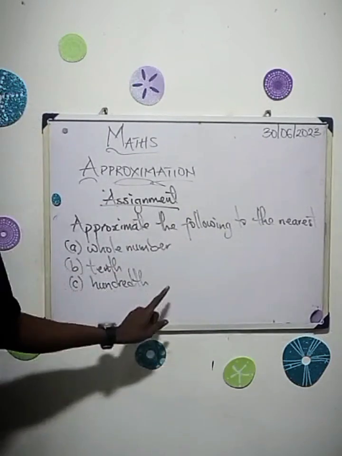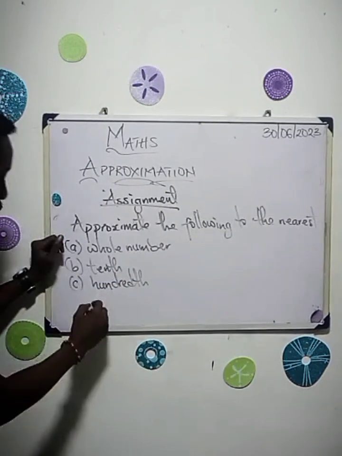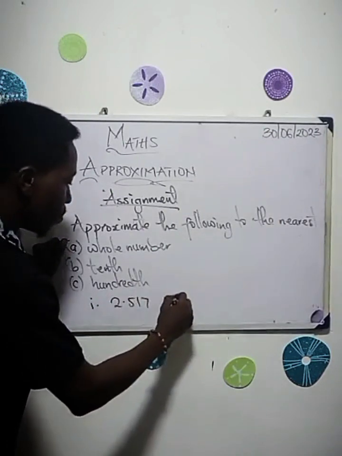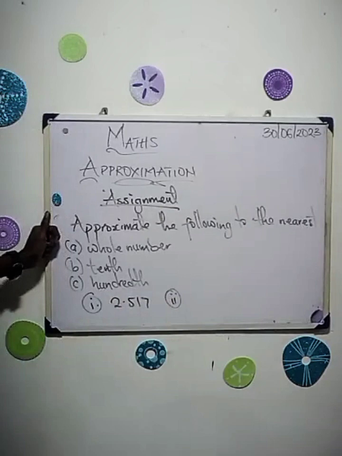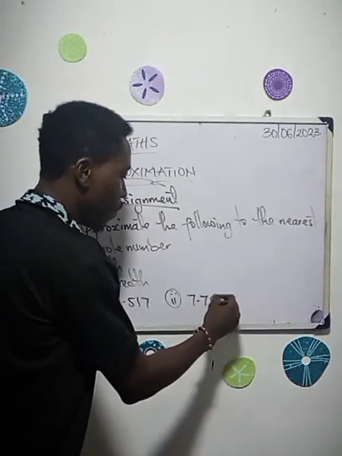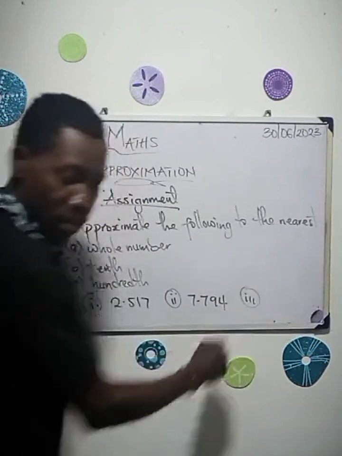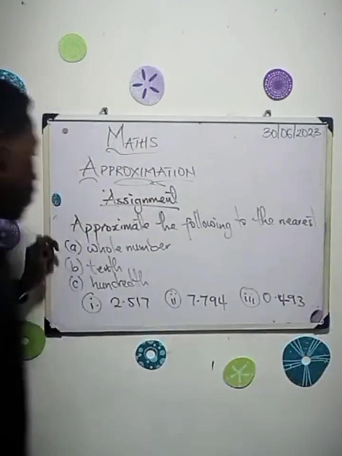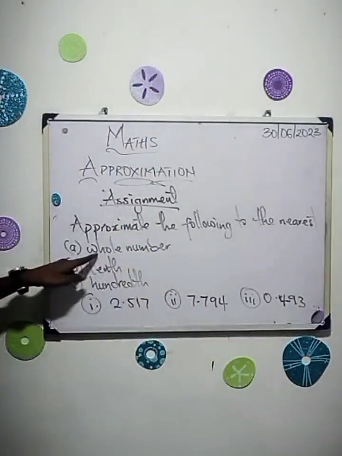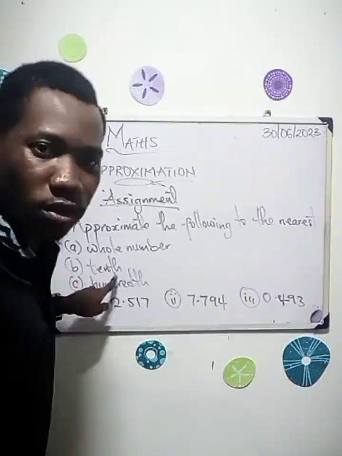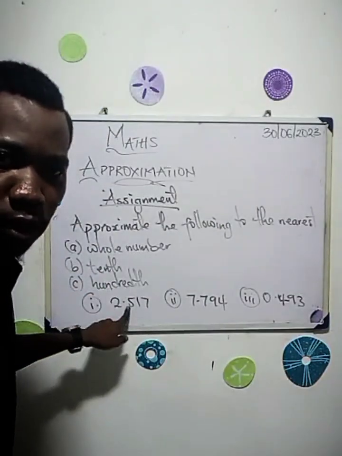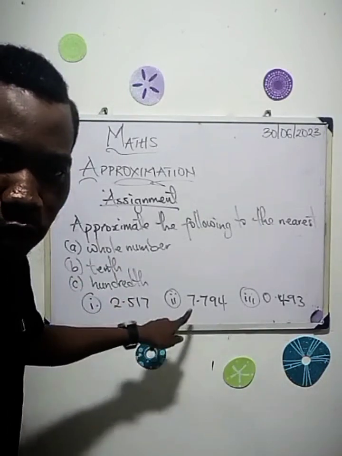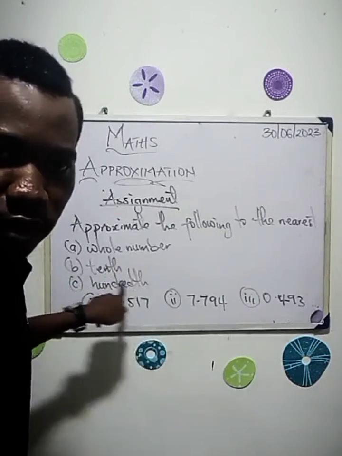So approximate the following numbers. I'm going to give you 3 numbers. The first one, number 1, is 2.517. Number 2 is 7.794. Number 3 is 0.493. Approximate each of these to the nearest whole number, to the nearest tenth, and to the nearest hundredth. So for each one, we are going to approximate 3 times. This one also, to the nearest whole number, to the nearest tenth, and to the nearest hundredth.